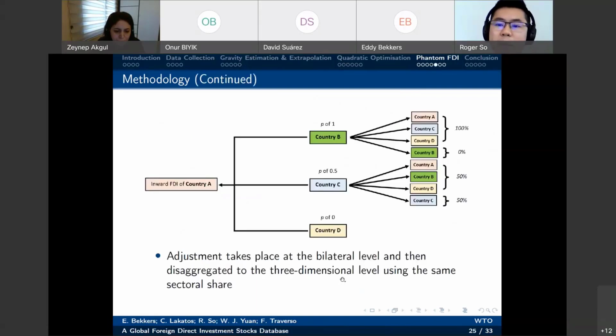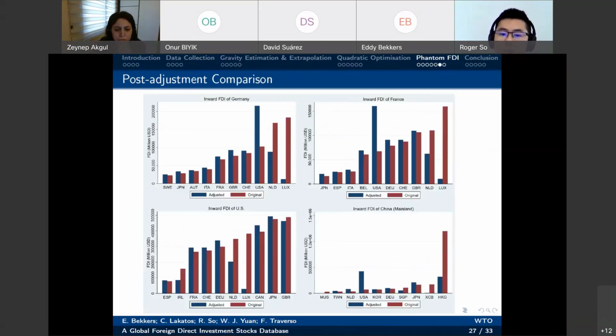Because of the time constraint, I can jump straight into the results, which probably is the most interesting part. In this 4-panel table, we have the inward FDI of Germany, France, the US, and mainland China.